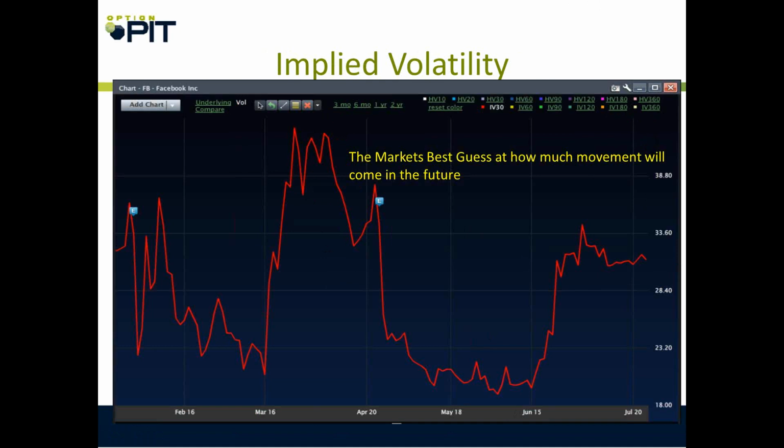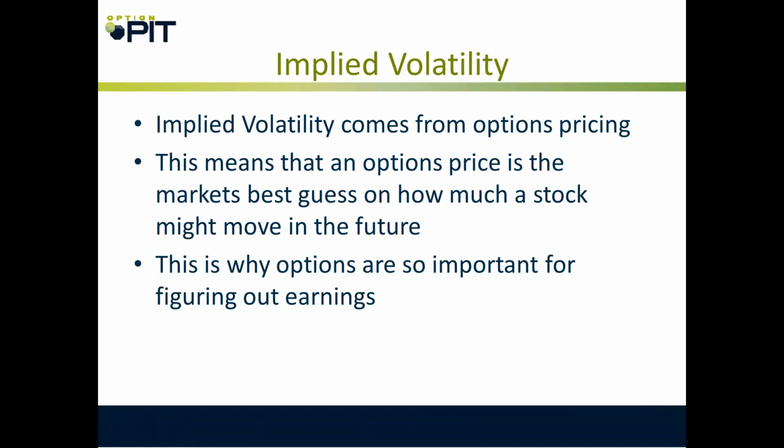But where do we get the market's best guess of what will happen? Where do you think we get that? All right, well, let's think. Implied volatility, that number comes from options pricing. You know, the VIX, the volatility index, is derived from options pricing.